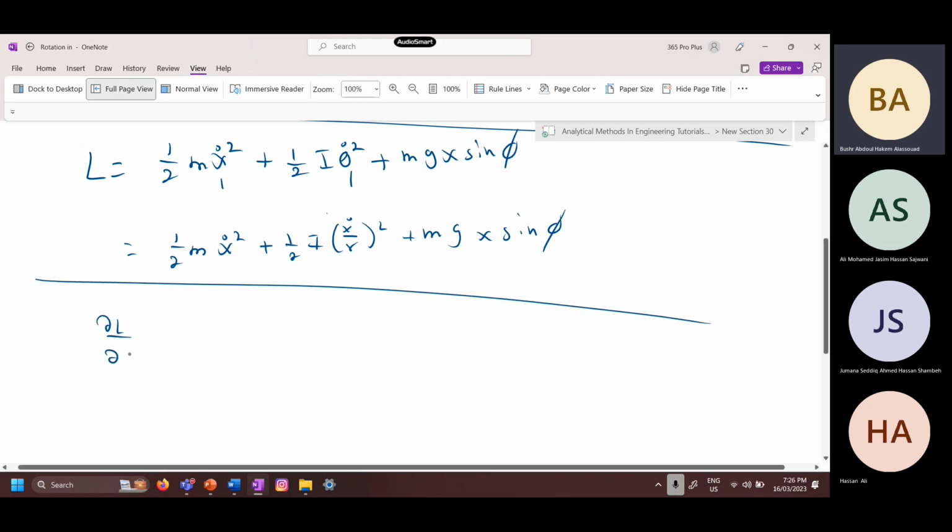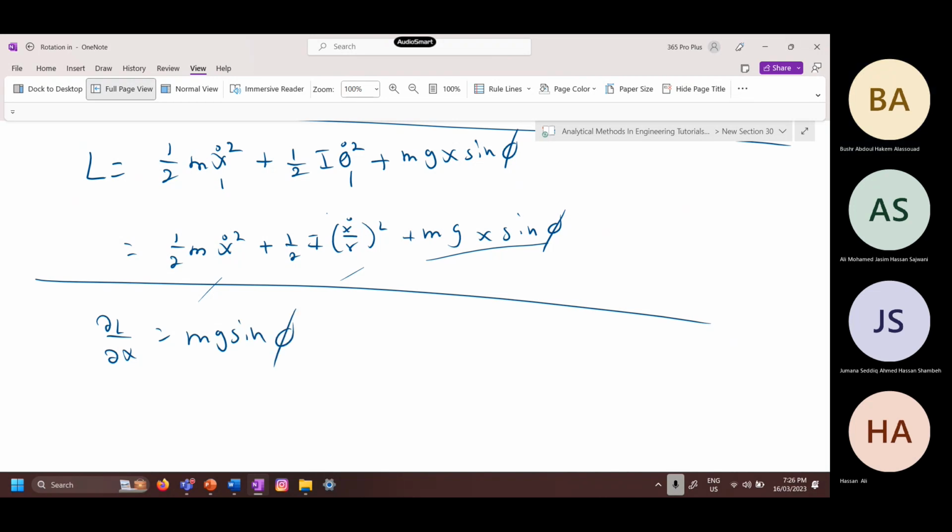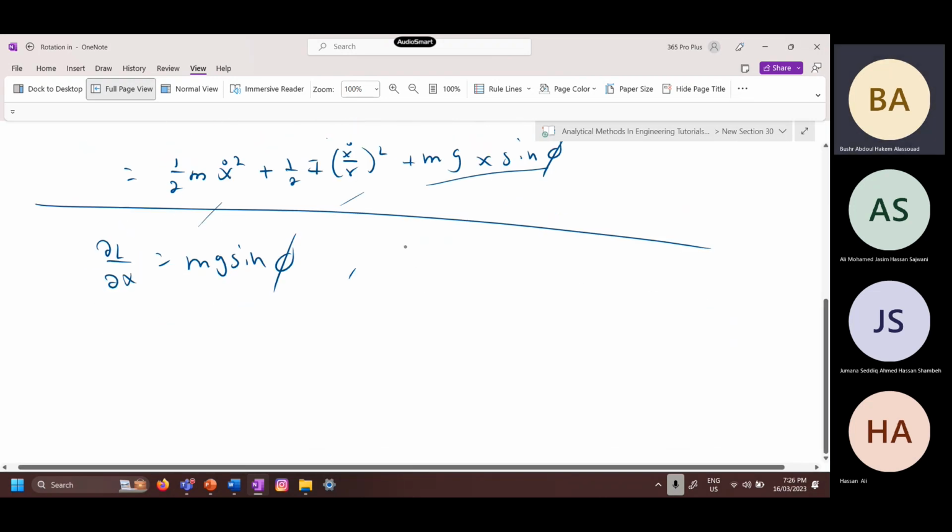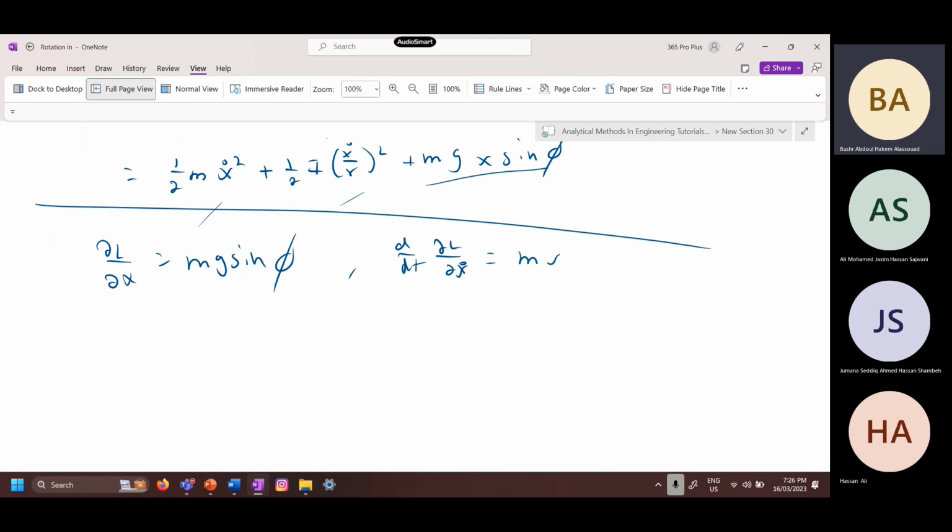So get partial L over partial x. This is 0 here, 0 here, so we use this one, and you'll get mg sine phi. As for the other part, d dt of partial L over partial x dot is going to be equal to mx double dot for this term.